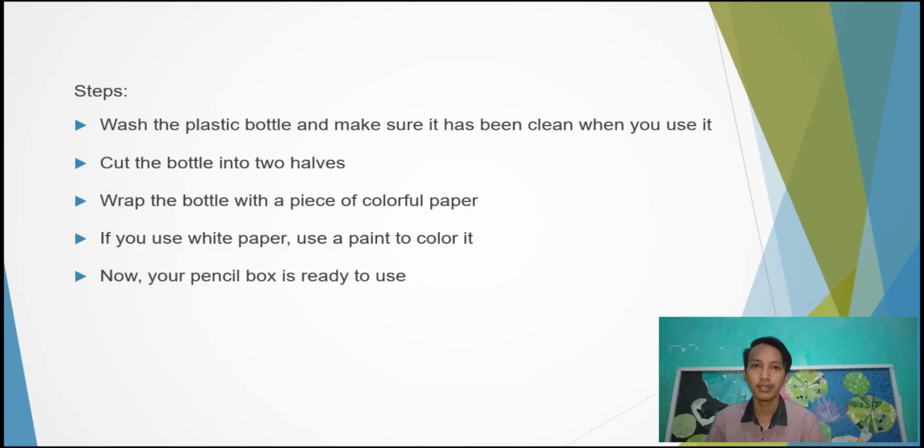And then wrap the bottle with a piece of colorful paper. Fourth, if you use white paper, use a paint to color it. And finally, now your pencil box is ready to use. When you see this step, you can see usually in the first sentence of every step, what is that? Imperative sentence.